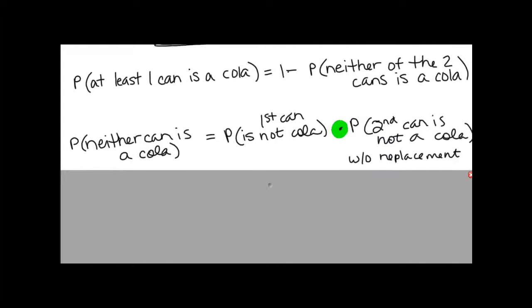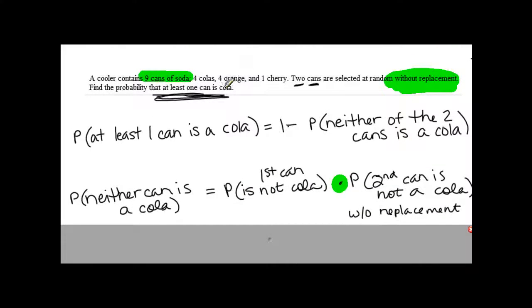Okay, so the probability, let's work on this, the probability that the first can that we select is not a cola, so the way that that would become a success would be, okay, we can't include the 4 that are colas, but there are 4 orange and 1 cherry that would not be colas out of a total of 9 sodas.